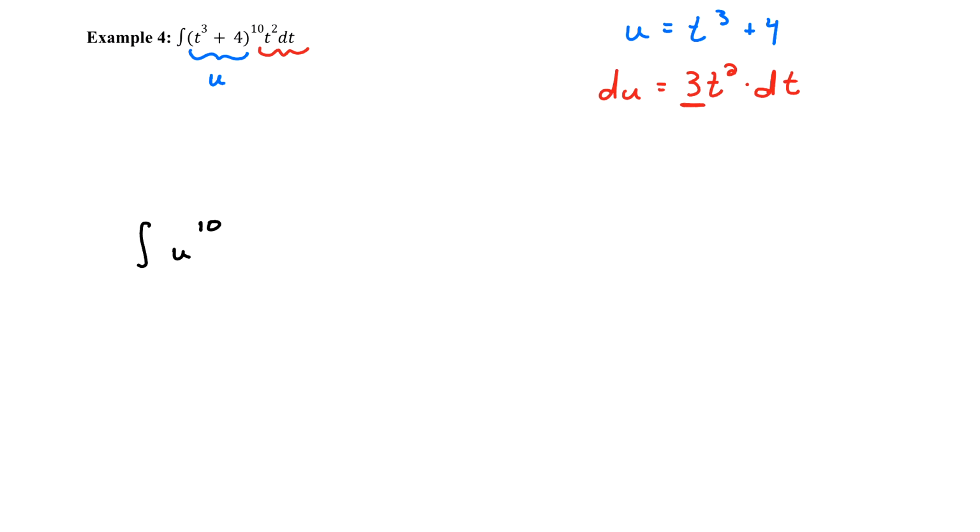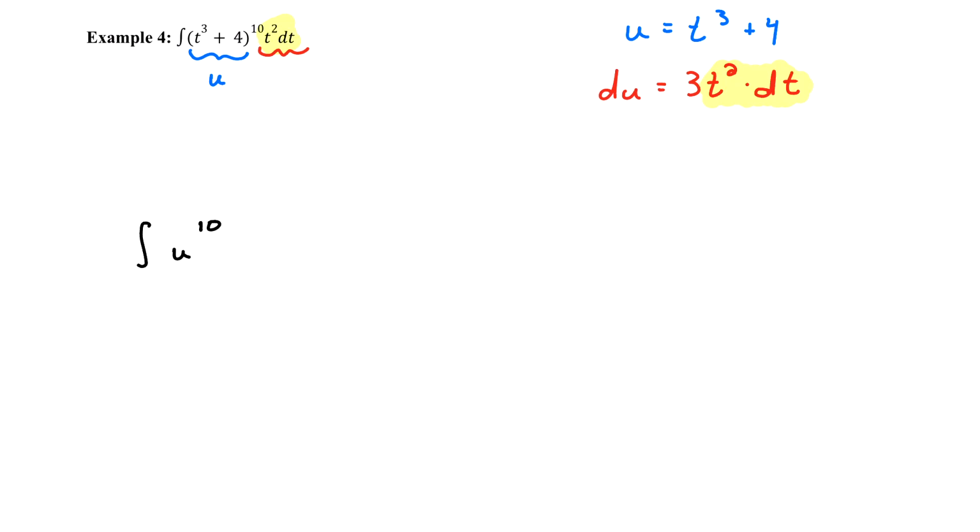That means I'm going to have to make some adjustments. So first of all, we're going to see what do we have left over in our integral besides the u. And in this case, it's the t squared dt. So that means in my du, I just want that t squared dt. So we said the 3 was extra. I'm going to get rid of that 3.